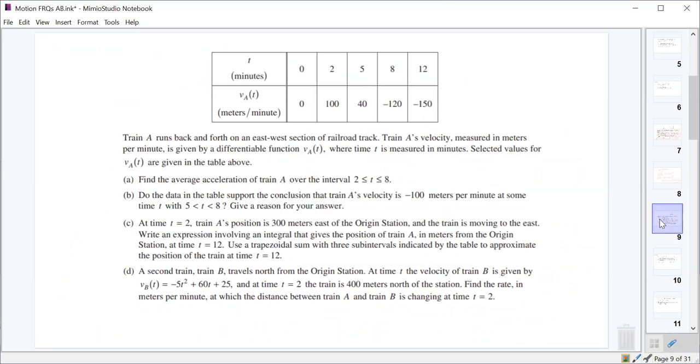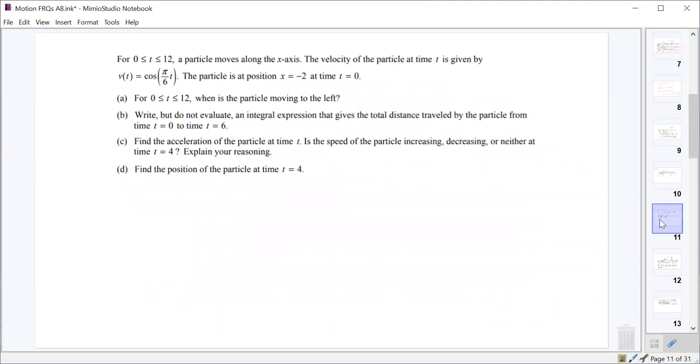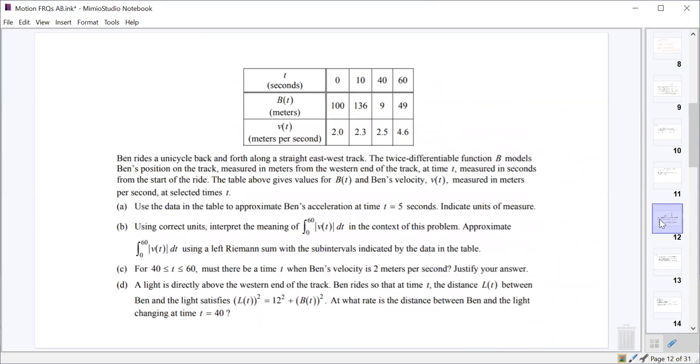So 4, and then do 6, 8, and 9. 4, 6, 8, and 9 by Thursday.